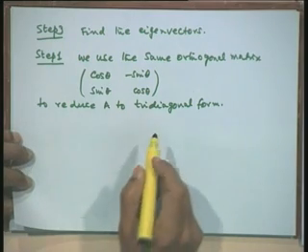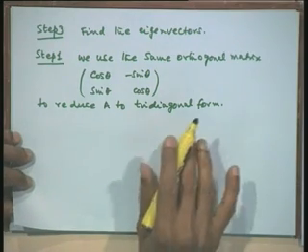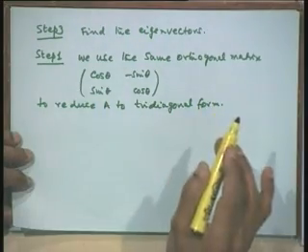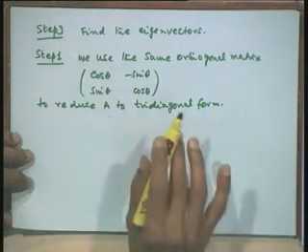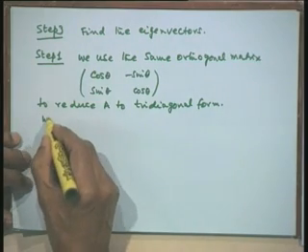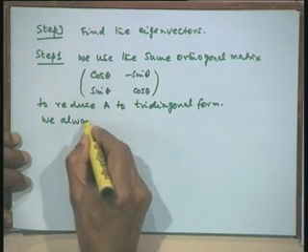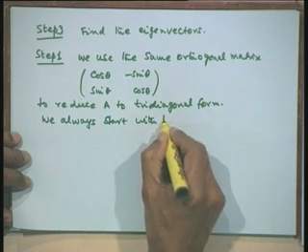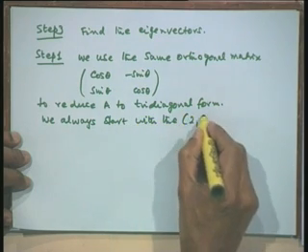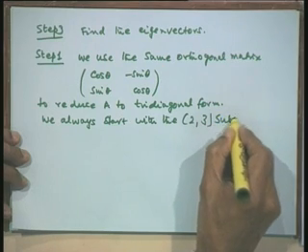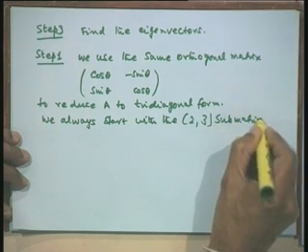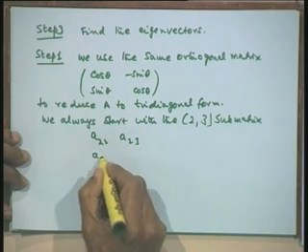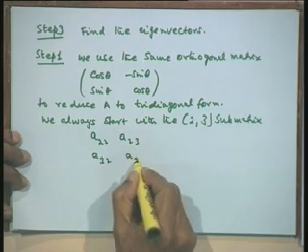Now, the most important thing here is that we always start from the 2-3 submatrix, that is A22, A23, A32, A33. So, it is always the 2-3 submatrix that we concentrate on.